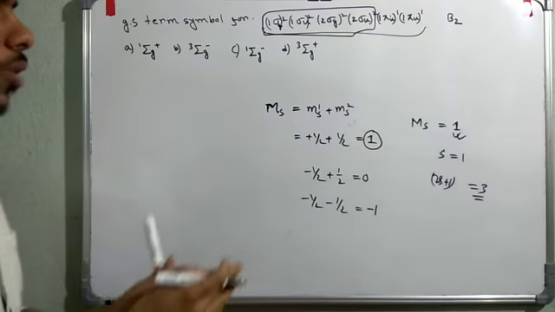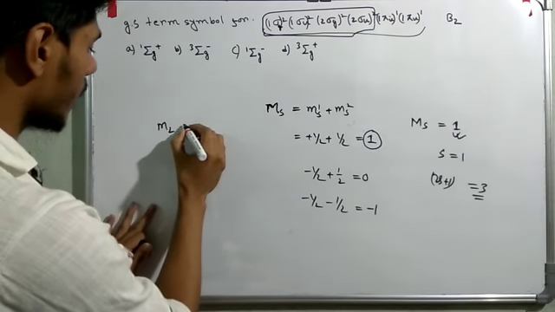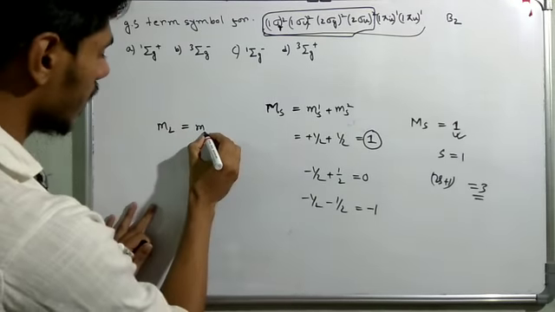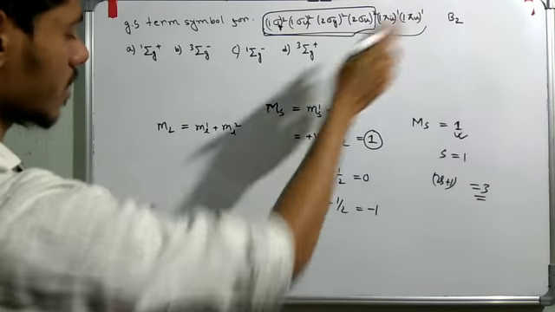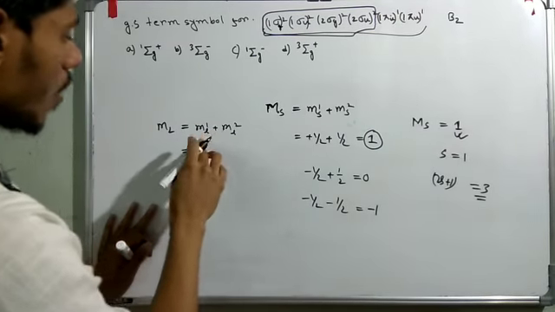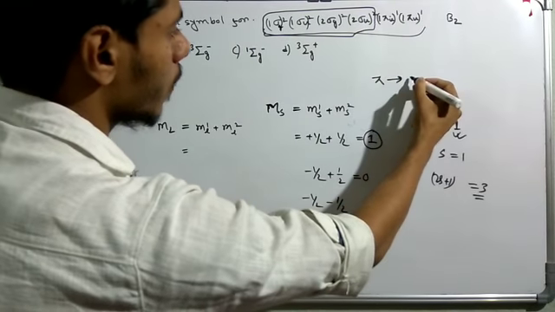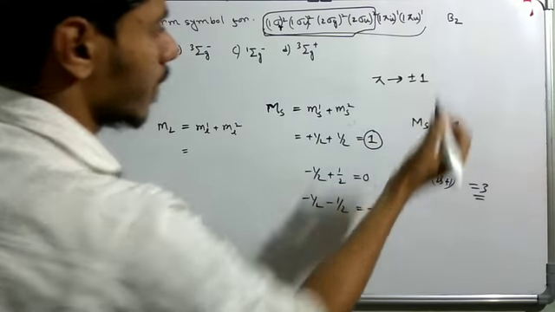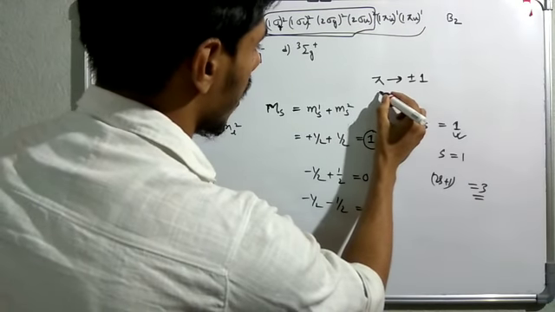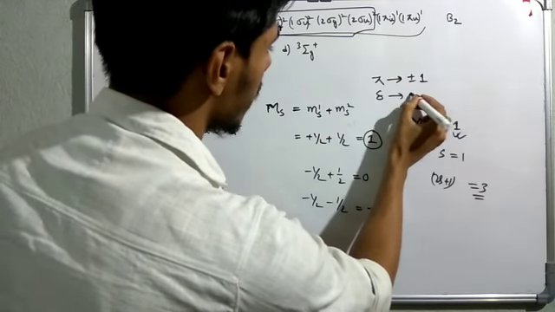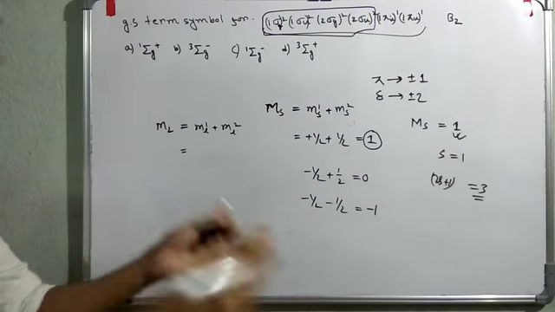Okay, now we have to determine the value of ml. Similarly, ml1 plus ml2, two electrons are there. Here for pi orbital, we already told that ml value can be plus or minus 1, right? For delta orbital it is plus or minus 2, like that. Now what are the combinations possible?